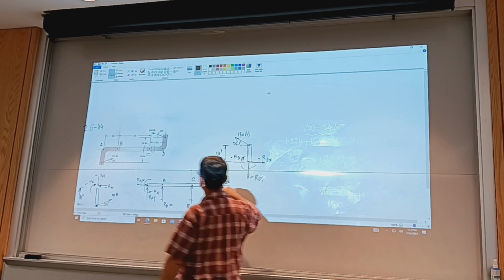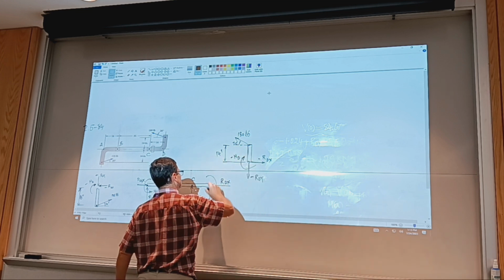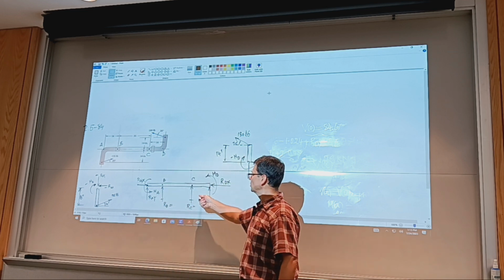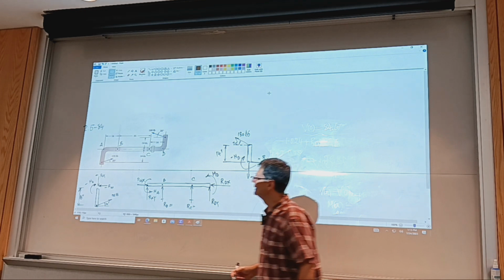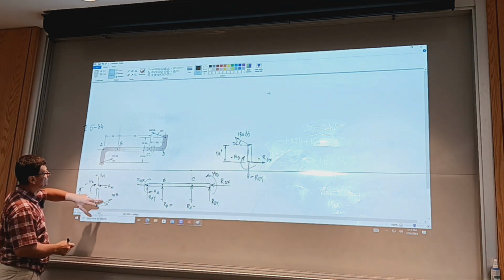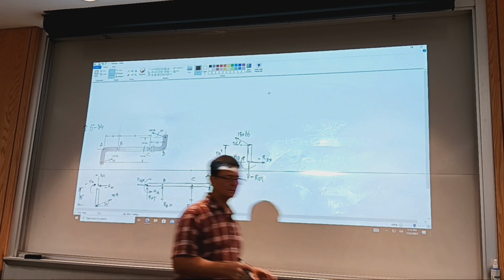And I need to move it here, flipped. So it needs to go this way, M at D. Again, we're going to draw a shear force bending moment diagram for this beam. We can calculate these reaction forces.